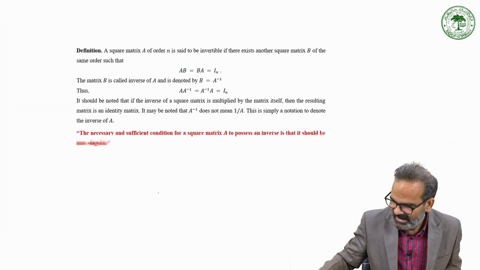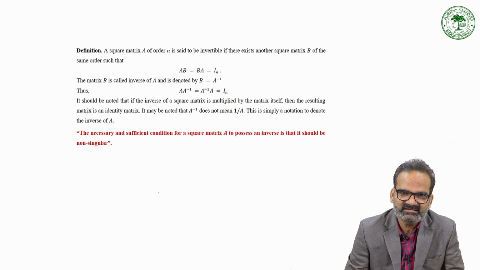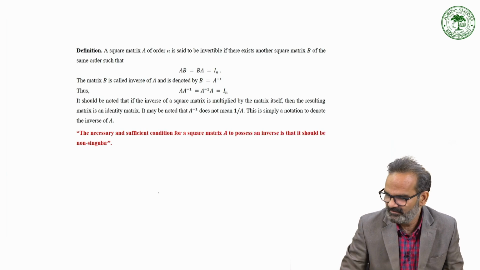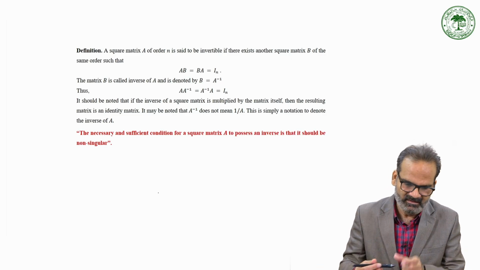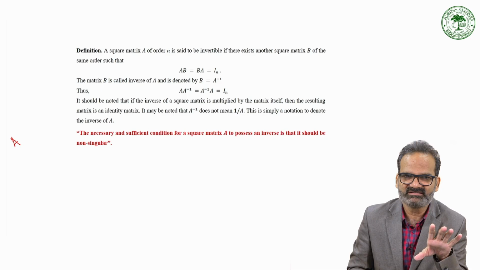So let us have the formal definition of the inverse of a matrix. A square matrix A of order n is said to be invertible if there exists another square matrix B of the same order such that AB is equal to BA is equal to In, where In is an identity matrix of order n, right? So what does it mean? It simply means if you have a matrix A, it should be square.